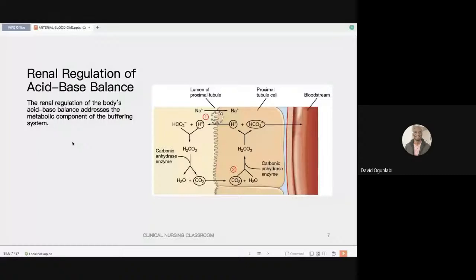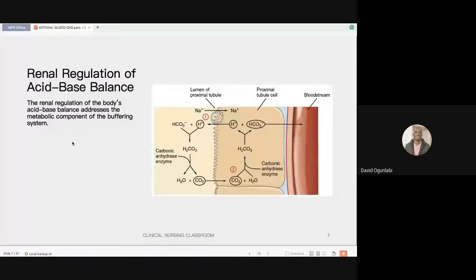So when there is acidosis, the renal system tries to salvage the situation by producing more bicarbonate, so that when bicarbonate is produced in excess, it will bring down the level of acidosis in the body.